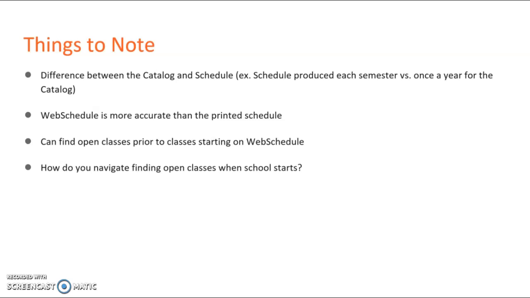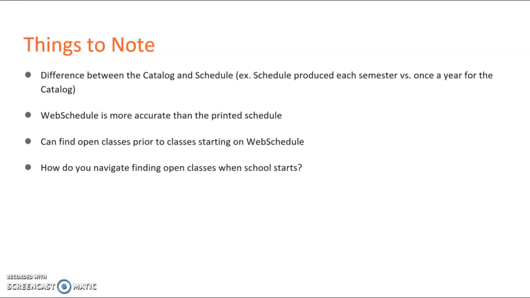Web schedule can be really useful for finding open classes prior to classes starting, right? And that's not just for the start of the semester, because you can still see open classes for late start courses, but once a class has begun, it can get confusing to see, is it still open or not? So we want to navigate you through how to use all the tools in web schedule.